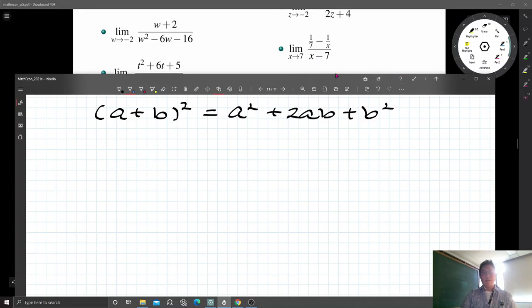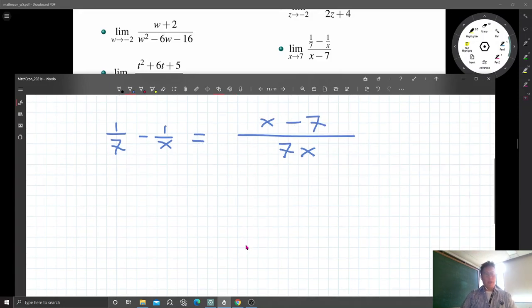Whenever we have two rational functions, 1 over 7 minus 1 over x, we can put them together by finding the common denominator, that is 7 times x. So for 1 over 7, we need to multiply top and bottom by x, so 1 becomes x. And for 1 over x, we need to multiply both top and bottom by 7, so 1 becomes 7.